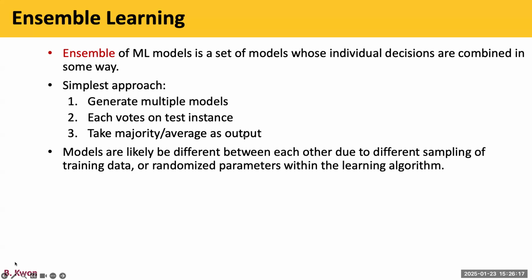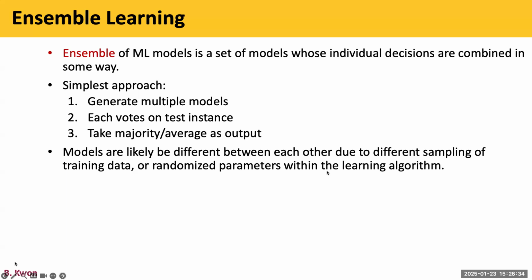So the models you are going to make are likely to be different from each other because you're going to use different training data to train each model. And there is some randomness when you are training each model.